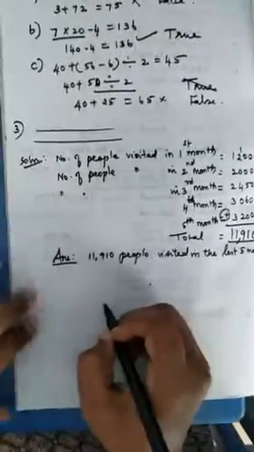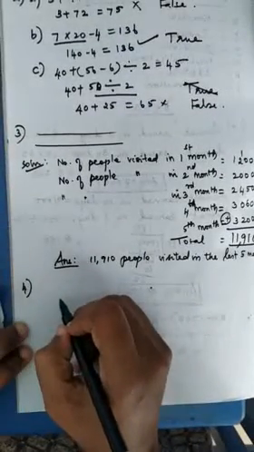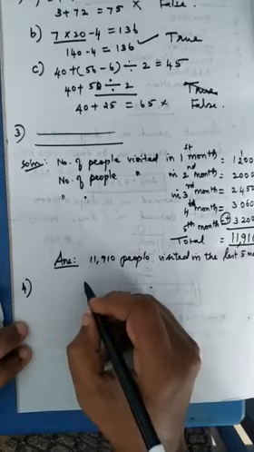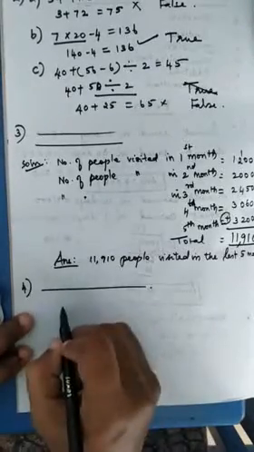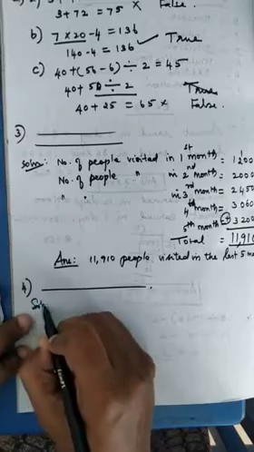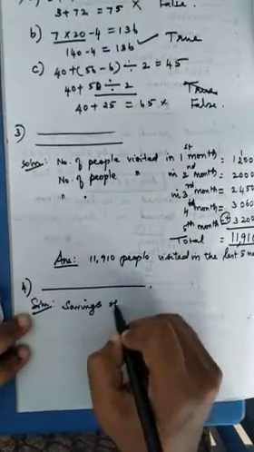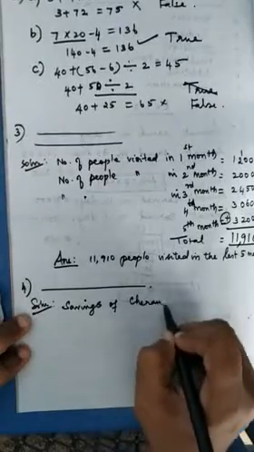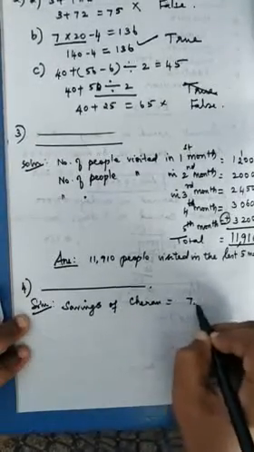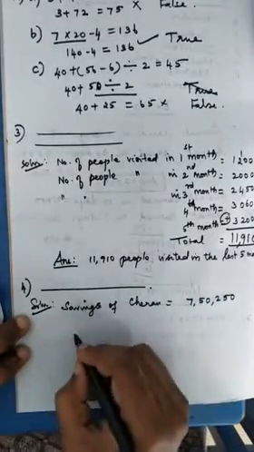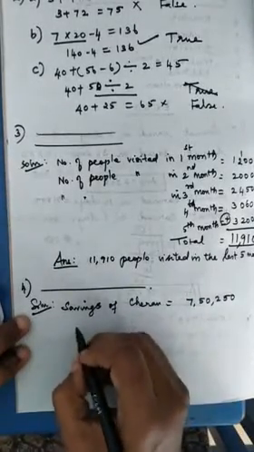Now going to the fourth question. Charan's bank savings is 7,50,000. So first write the question. Then I am going to write the solution. So savings of Charan is equal to 7,50,250. He withdrew for educational purpose.